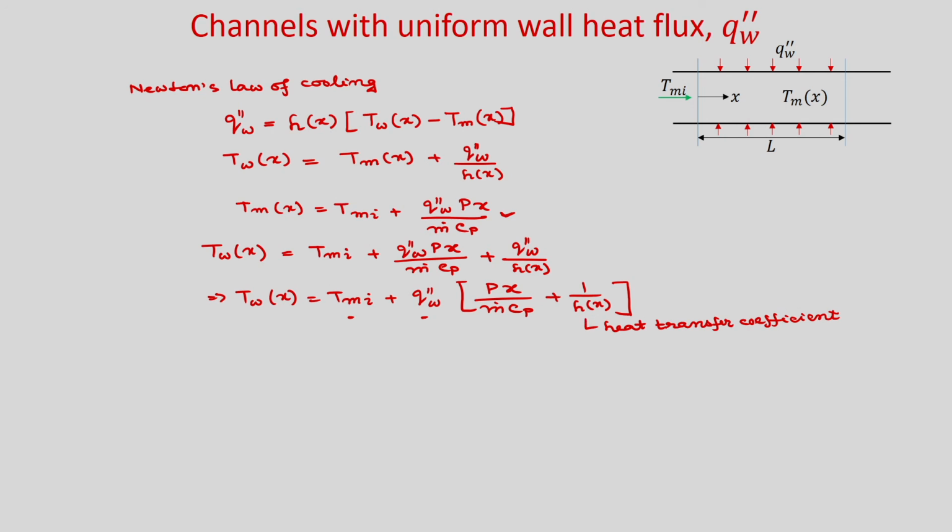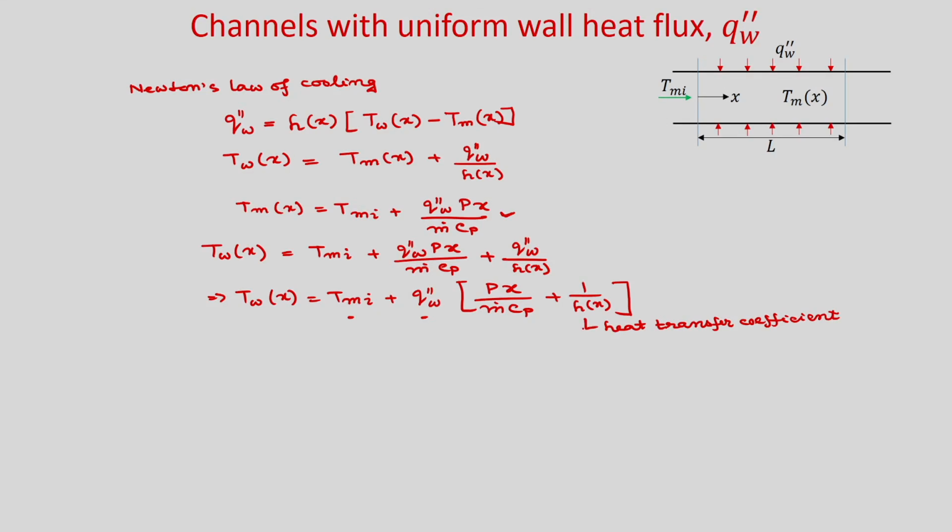So, you can see that while deriving these we did not assume whether the flow is laminar or turbulent, or whether the region is developing or fully developed. So, the expressions for Tw(x) and Tm(x) are valid for both laminar and turbulent flows, as well as for the entrance region and the fully developed region.